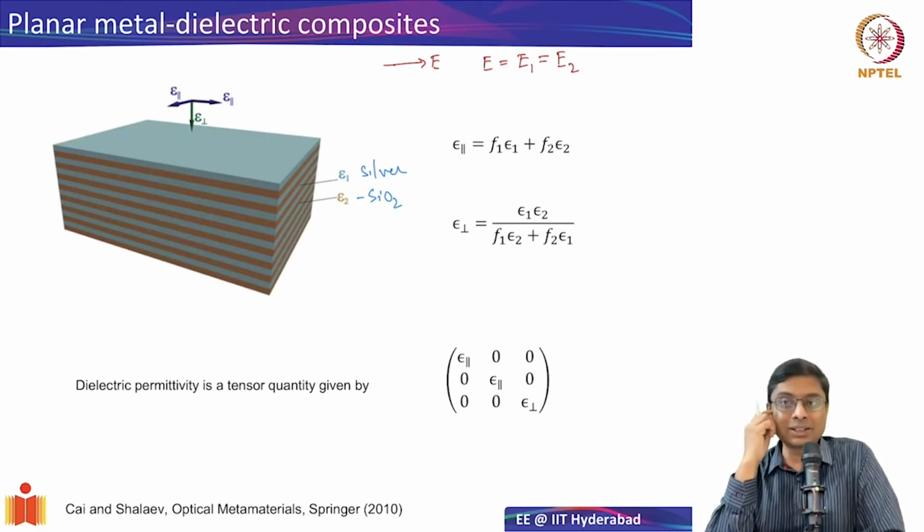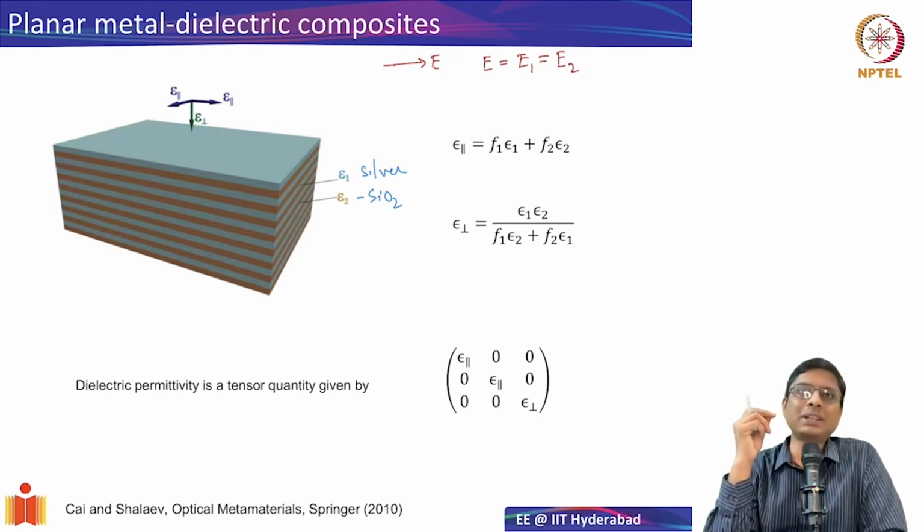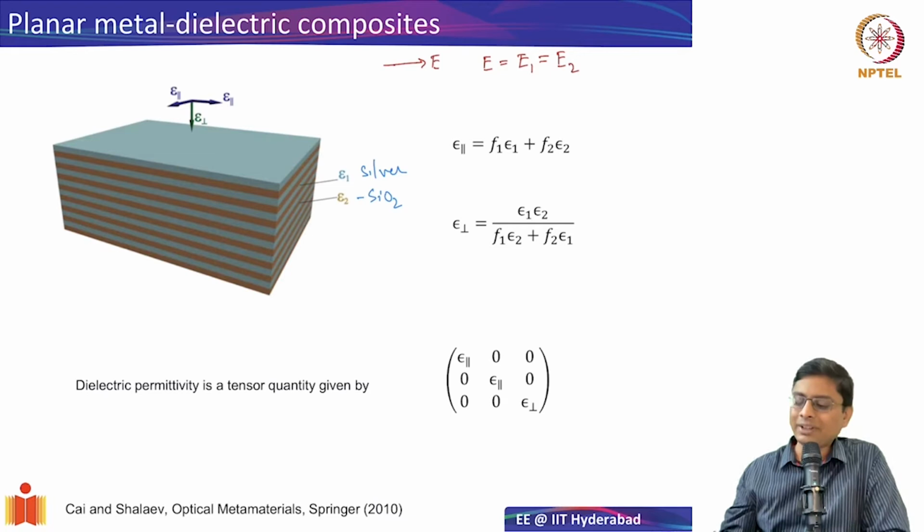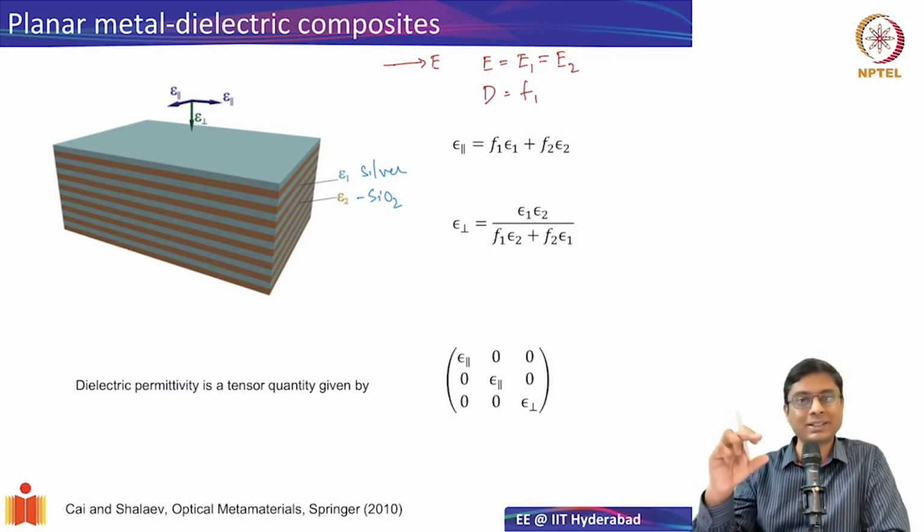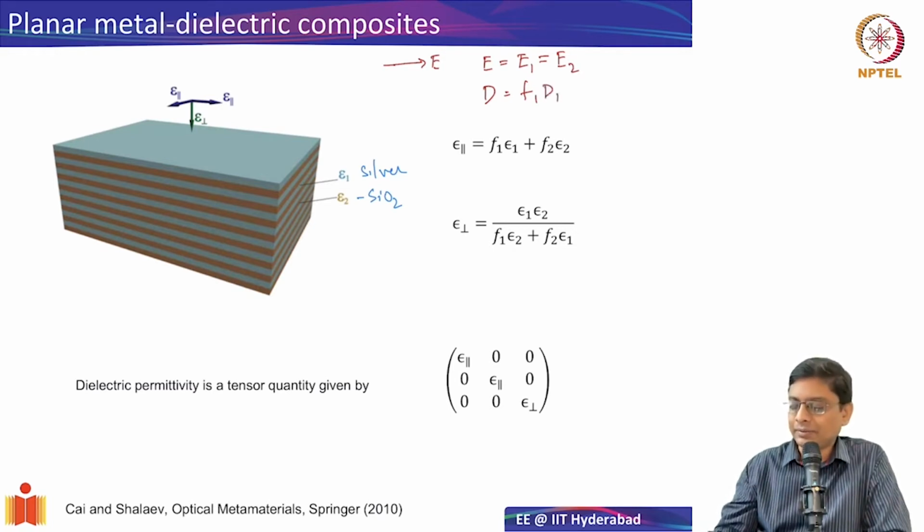What happens to the displacement field D? Now the displacement field has to be an average. So D is going to be, let's say, the fill fraction, and again we can think of fill fractions. The fill fraction is dependent on the thickness divided by the period. So the fill fraction of the first medium times D1 plus the fill fraction of the second medium times D2.